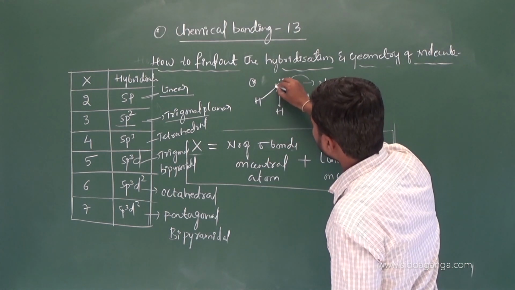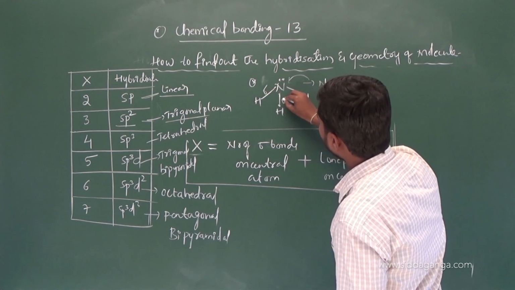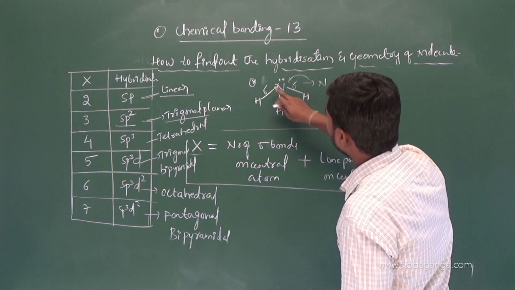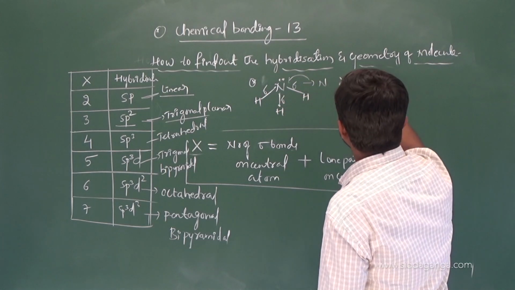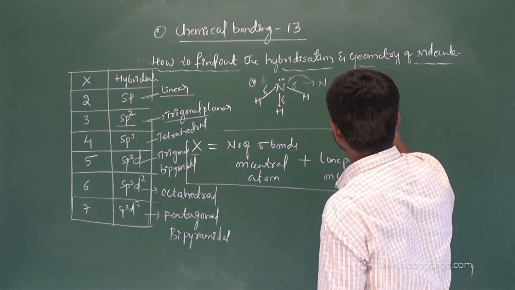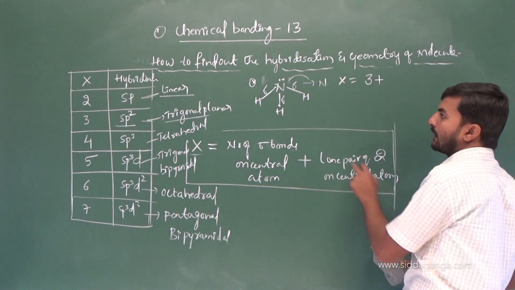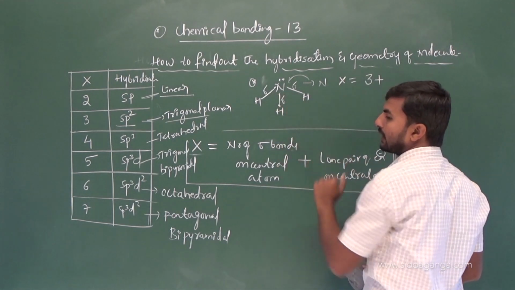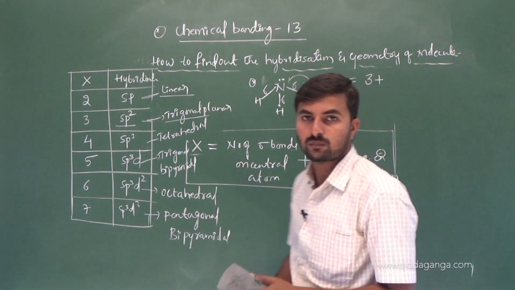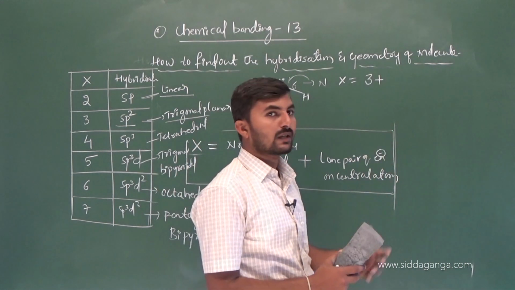All are single bonds and all are sigma bonds. We are having 3 bonds, plus the lone pairs of electrons on the central atom. How many lone pairs of electrons are there on nitrogen, and how do we find them?